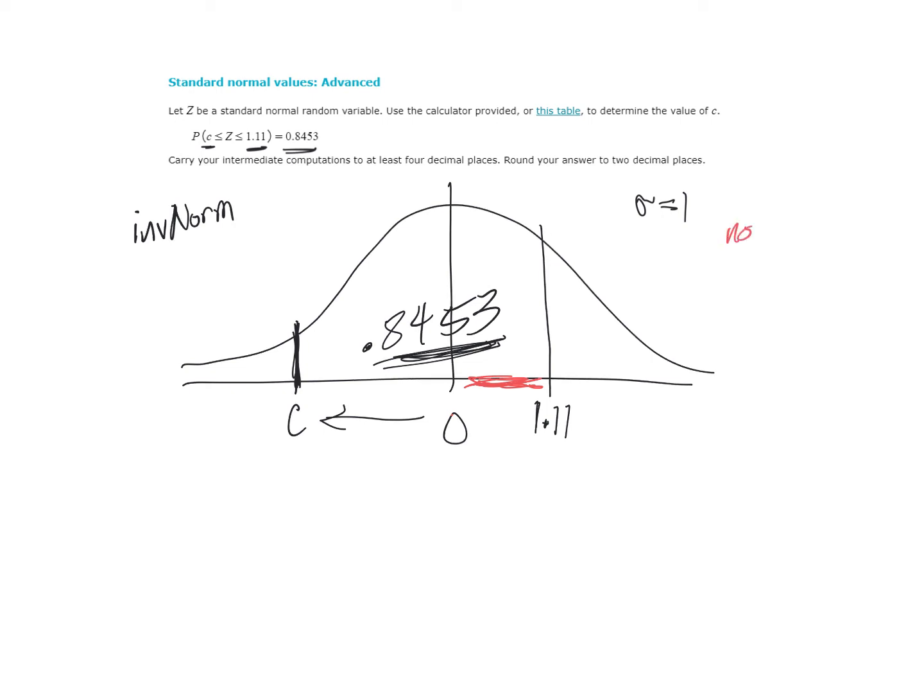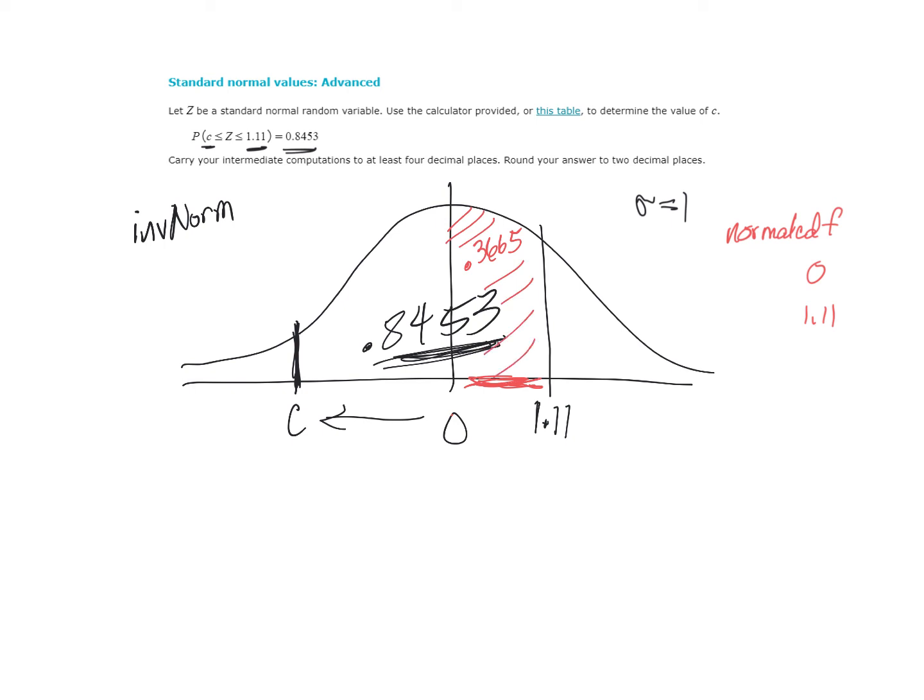So I type in normal CDF, and my lower bound here is 0, and my upper bound is 1.11. I've got a mean of 0, and I've got a standard deviation of 1. I type those things in. I get an area of 0.3665. That's this area right here.